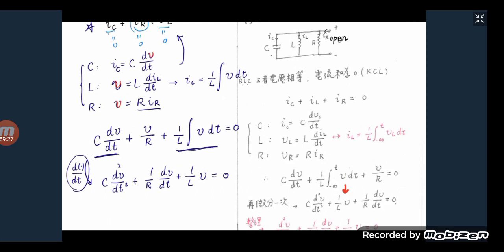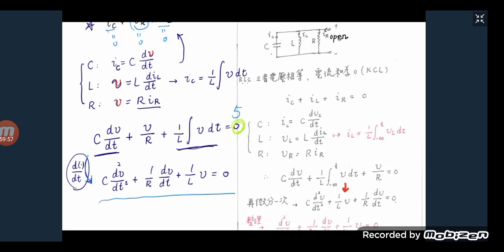But if the right part is non-zero, for example here it is 5, of course, when we do the time derivative, the equation is still true, but the operation will cancel some possible solutions. So we have to be careful about this.